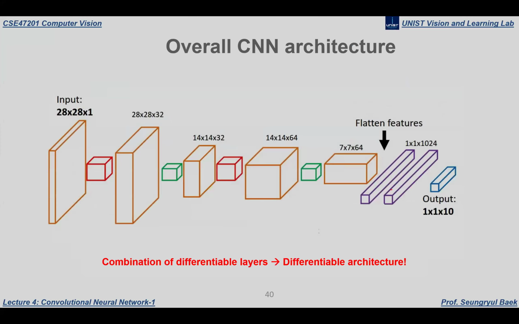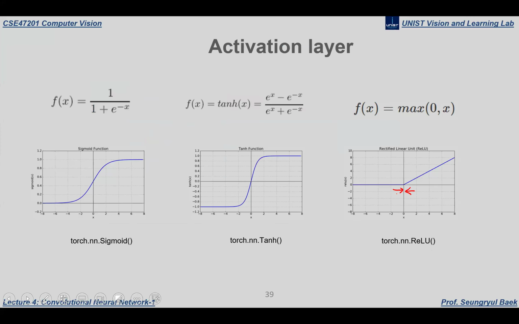But here, in this direction, their slope is actually 0. But in this direction, their slope is 1. Okay, so they are not the same. From the left side, their differentiation value is 0. But from the right side, their value is 1. So they are not the same, and their gradient is not defined. Okay, that's actually the characteristic of this ReLU.